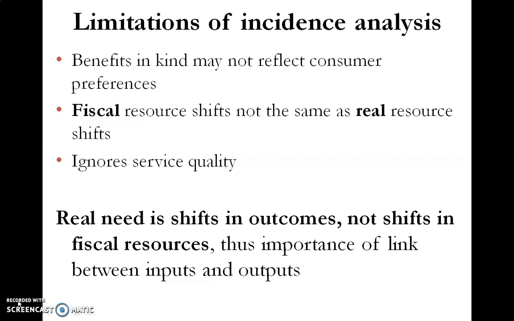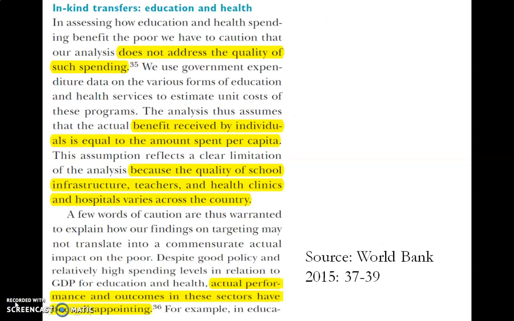Thus, it's very important to understand the link between inputs and outputs. And this issue is of particular importance when looking at in-kind transfers in the space of education and health, and we'll be covering this over the next 2 to 3 weeks.